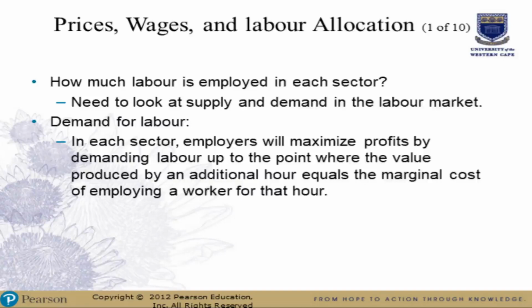To illustrate how the optimal employment and output are determined, let us start by looking at the demand for labor. The demand for labor in each sector will be up to the point where the value produced by an additional hour of labor equals the marginal cost of employing a worker for that hour, given that employers are profit maximizers.